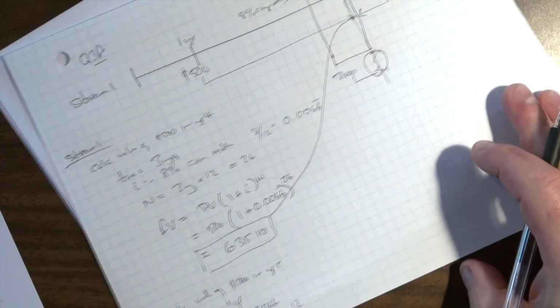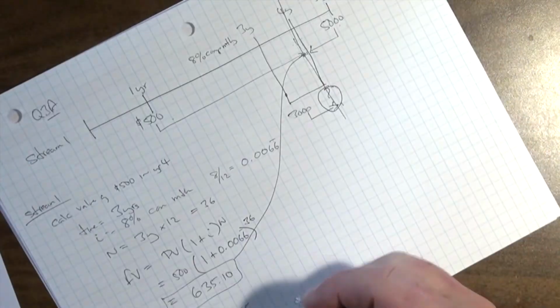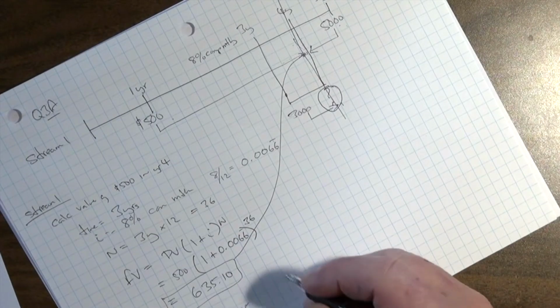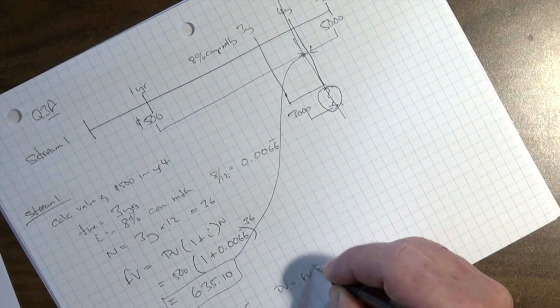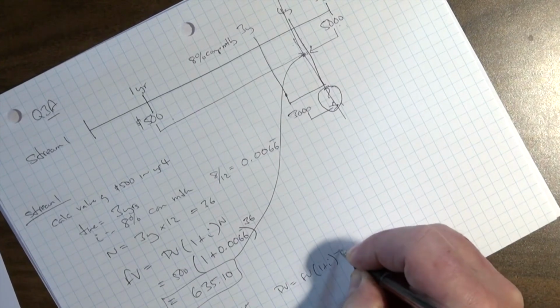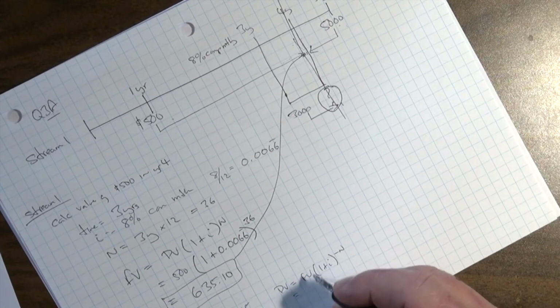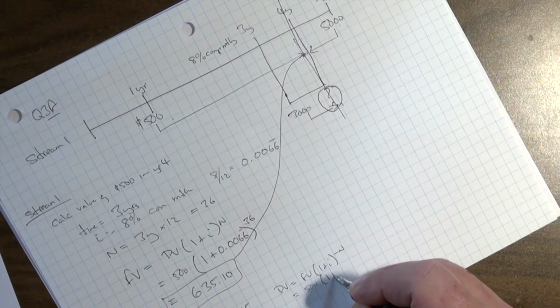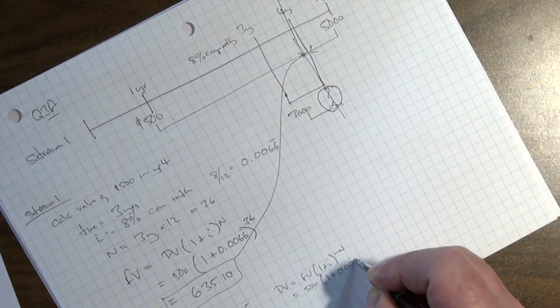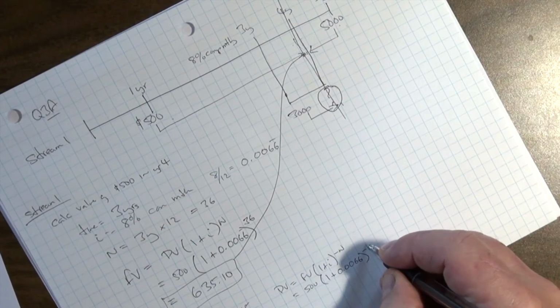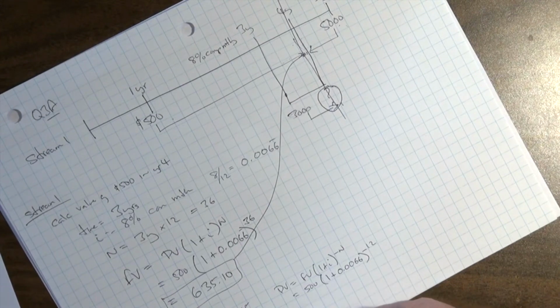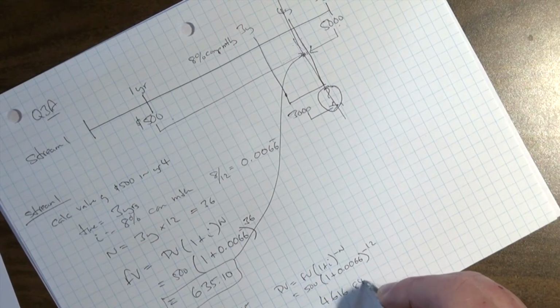So, okay, let's plug that into the formula. In this case, we're looking for the present value. So PV equals FV times (1 + i)^-n. We take the future value amount as 5,000, (1 + 0.0066) to the power of minus n. We calculate n to be 12. So we do the math on that, and that comes to $4,616.84.